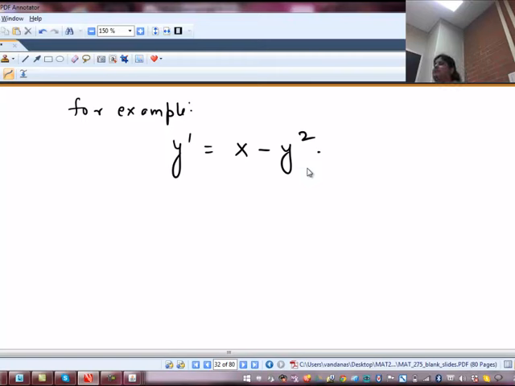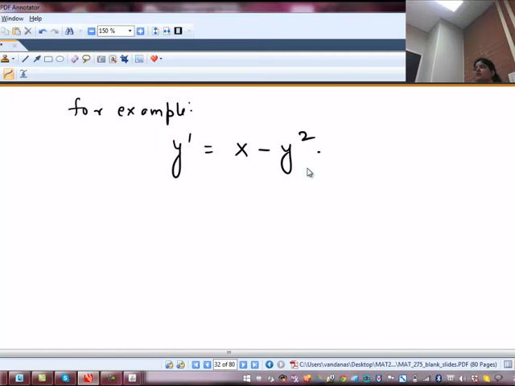Is it non-linear? Yes, because of y square. Okay. Is it separable? No, because we have subtraction instead of multiplication.